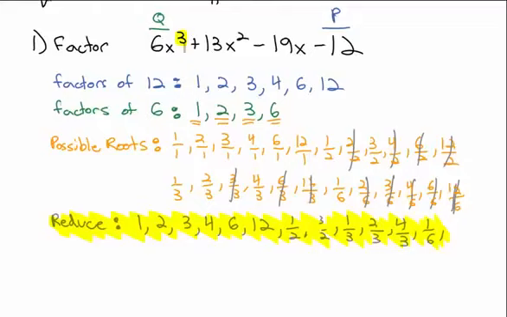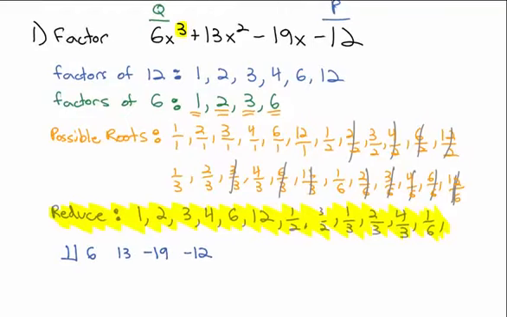This is why we learned synthetic division yesterday. We're basically going to use synthetic division to factor out each of these roots as fast as we can to hopefully find somebody who works. So we'll just start working down our list, starting with 1, and we've got coefficients of 6, 13, negative 19, and negative 12.